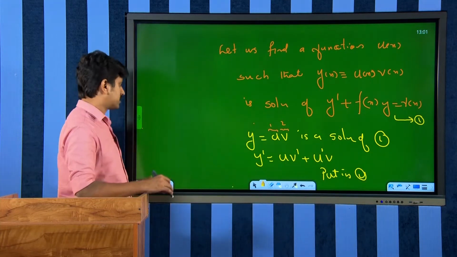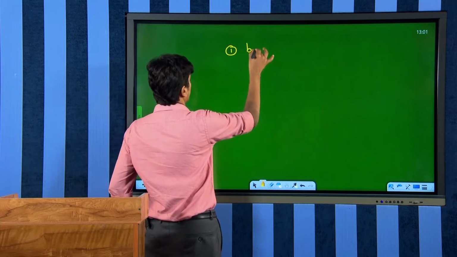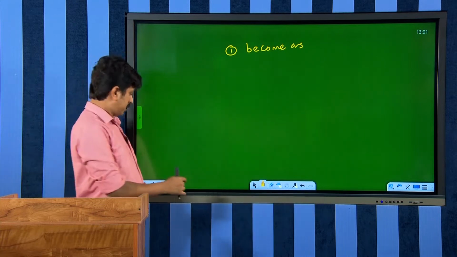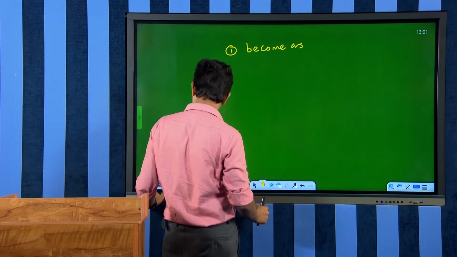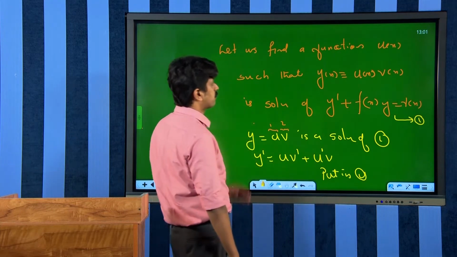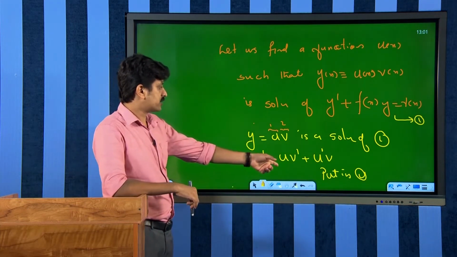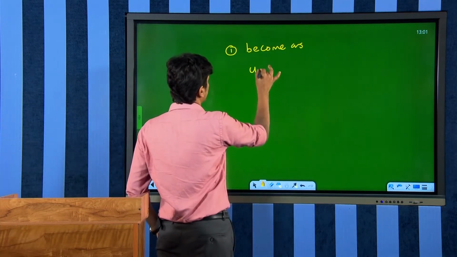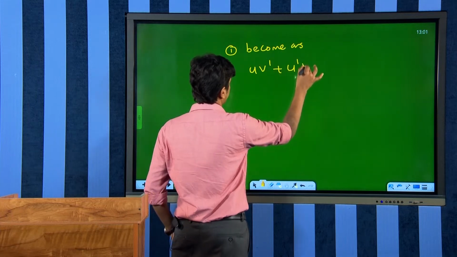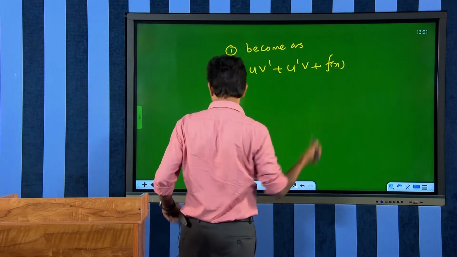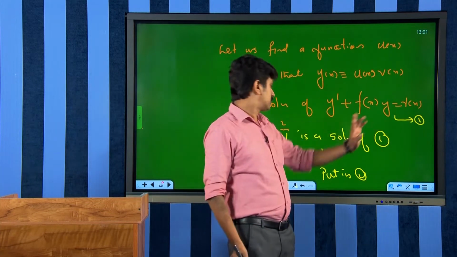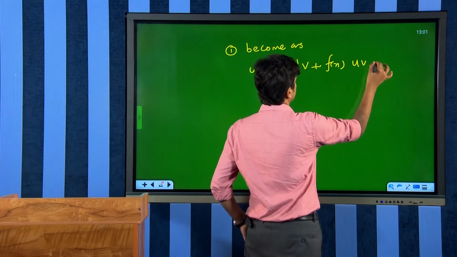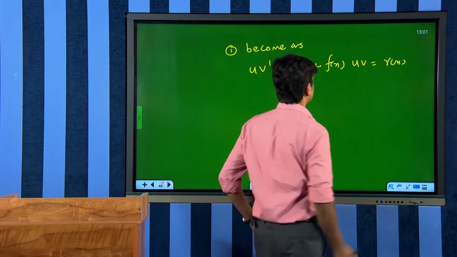Equation 1 becomes u v dash plus u dash v plus f of x into u v is equal to r of x.